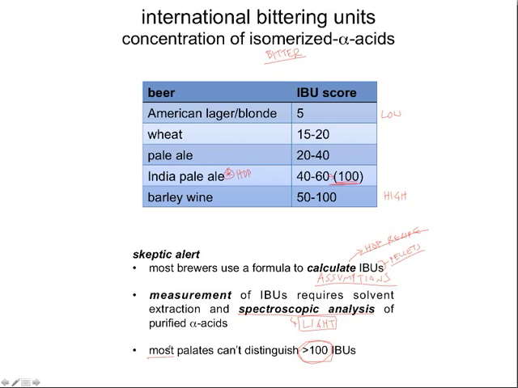Some individuals are more sensitive than others. So be skeptical when you see the IBU score. Ask them how they computed it. Was it measured? Was it calculated? Is it greater than 100? I challenge you to go to your neighborhood brewery and find out what the IBUs of all of their different beers are and tell me what you think. Can you distinguish between these different ratings on this scale?